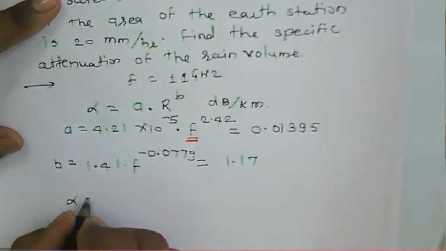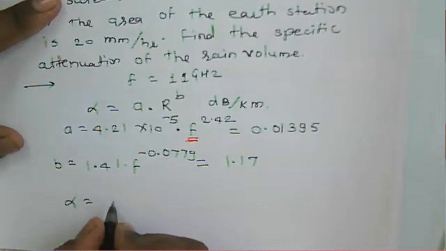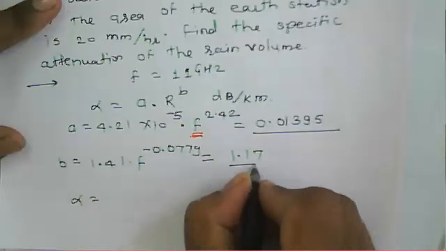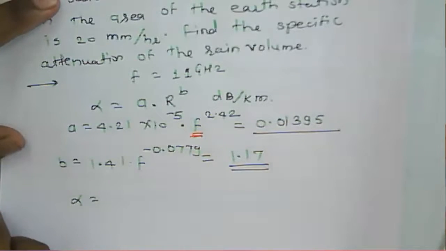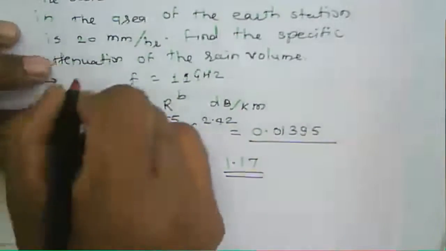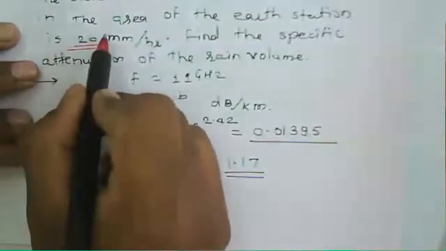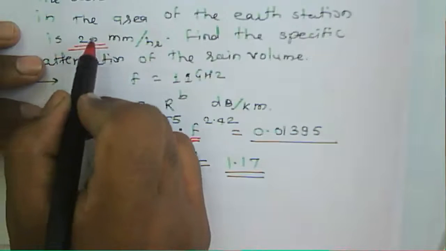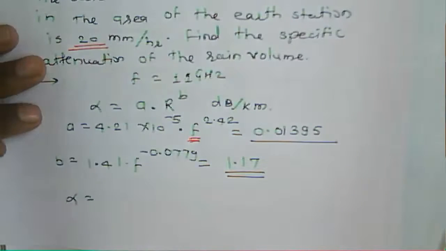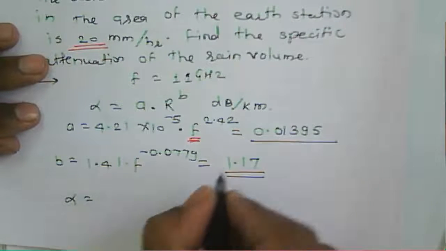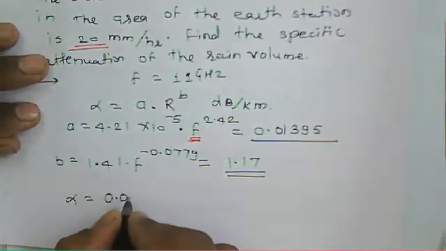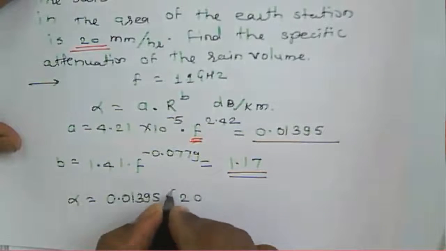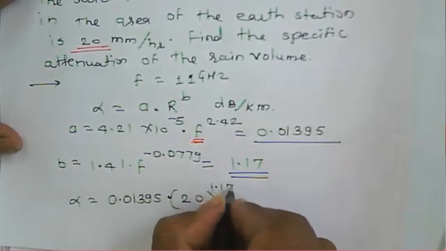So alpha is equal to a, which is 0.01395, and b, which is 1.17. The rain rate in the area of the earth station is 20 mm per hour, so R is 20. So alpha is 0.01395 into R, which is 20, raised to b, which is 1.17.